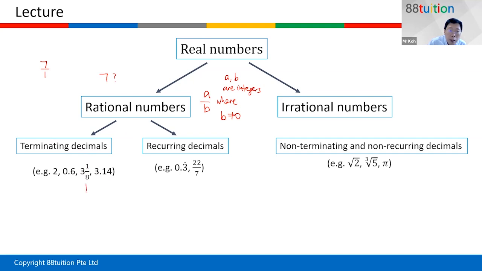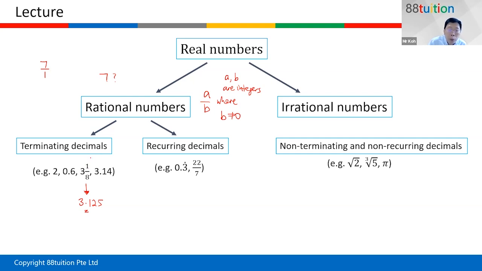You have to understand that 3 and 1/8 can be expressed as 3.125. In that manner, it is a terminating decimal. So all these are classified under rational numbers, whether it is a decimal or a fraction.